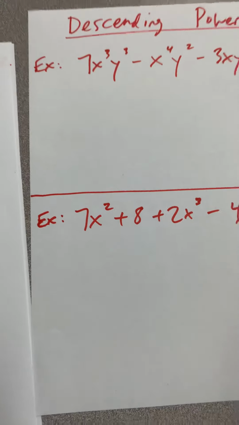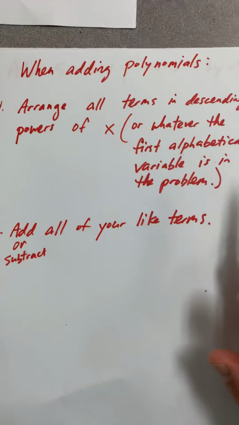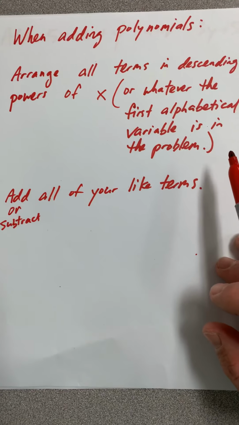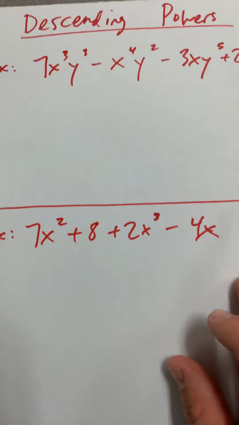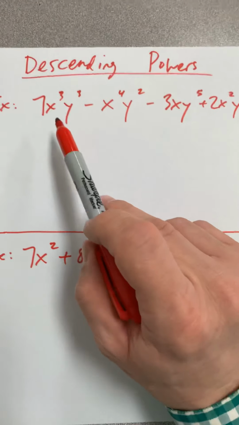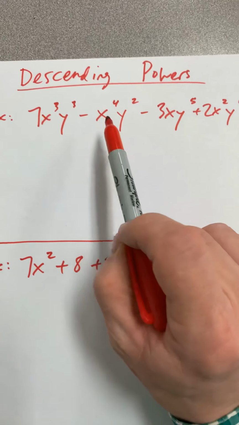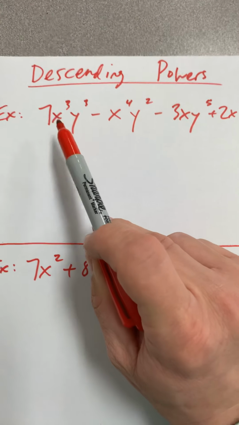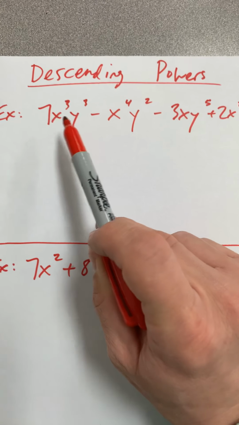All right, so the first step when you're going to add polynomials together is to arrange all terms in descending powers of x. So we need to talk about descending powers of x first. I want you to notice this first example, okay? We're going to look at the variable that is first in the alphabet.